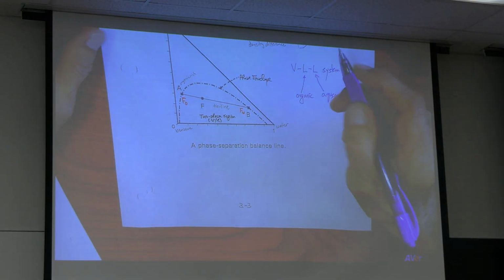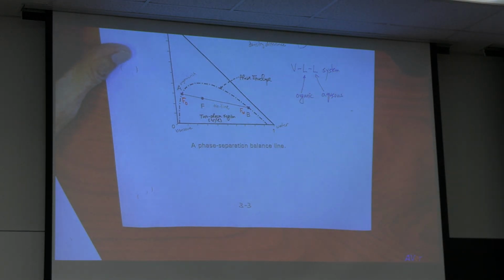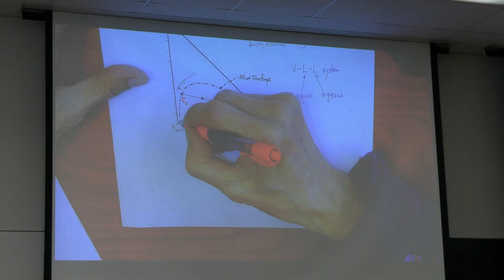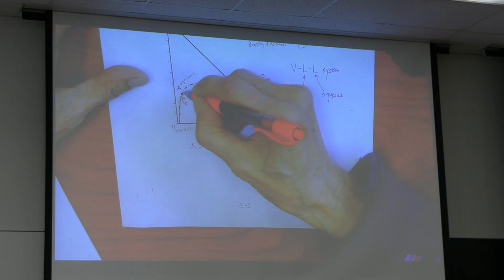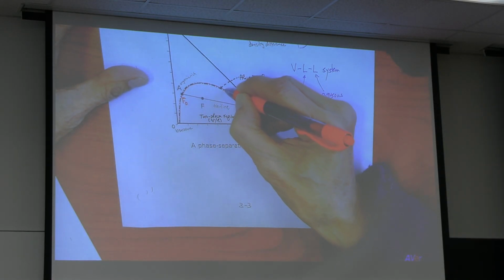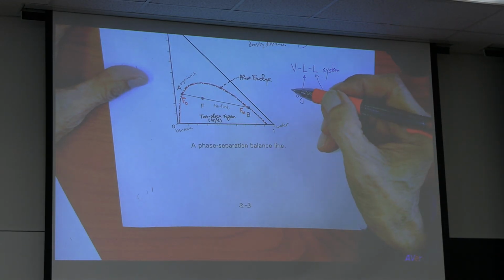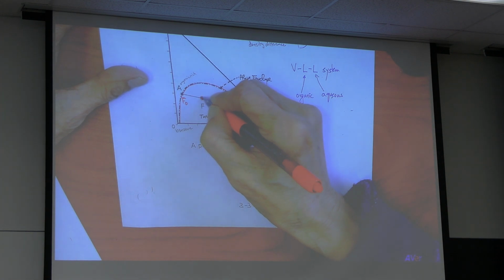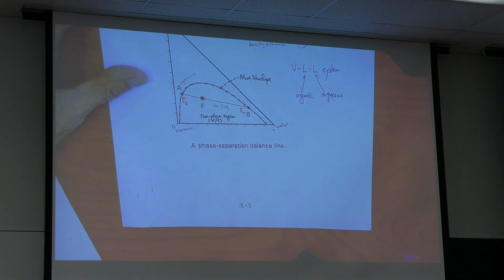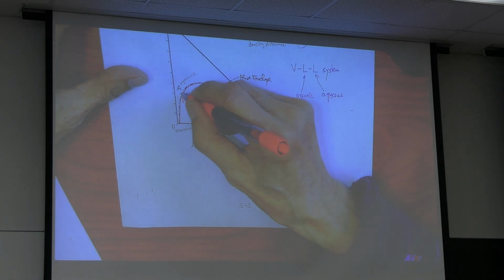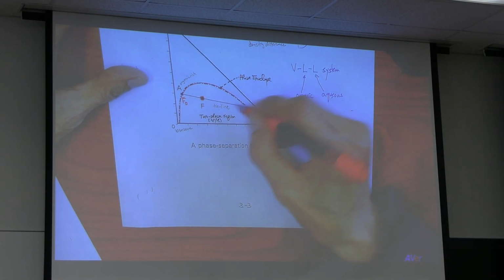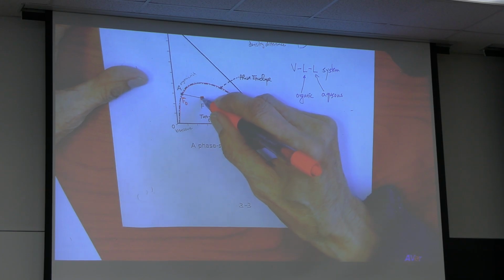Now, how do you see that in the triangle diagram? For the liquid attraction, okay, you have two liquid layers. It is the feed. You draw a tie line across the feed.